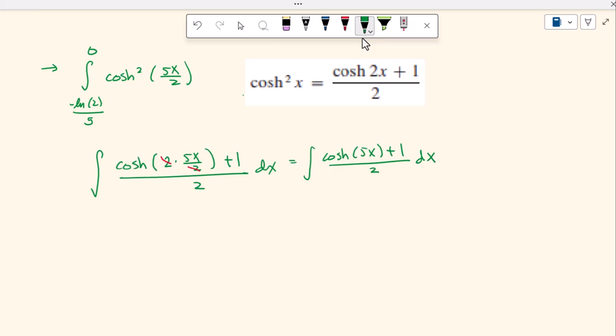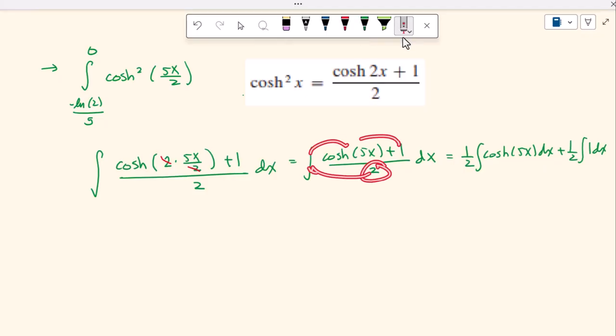Now I'm going to want to integrate these, and I think I want to split them up into 2 separate integrals. So this would be 1/2 integral cosh of 5x dx plus 1/2 integral of 1 dx. So again, I pulled the 1/2 out front. It has to go to both of these though, so it has to be in front of both.